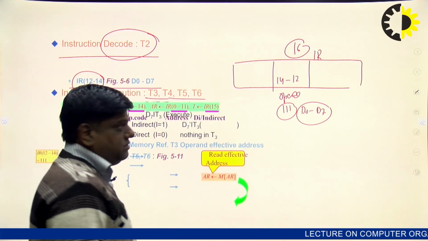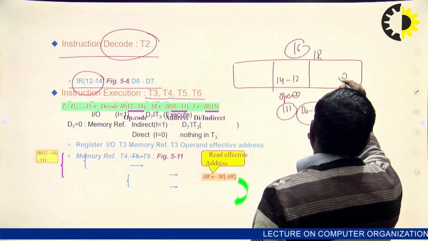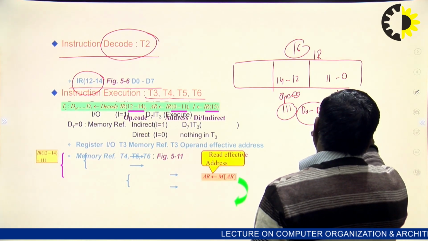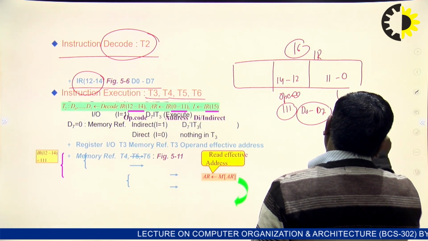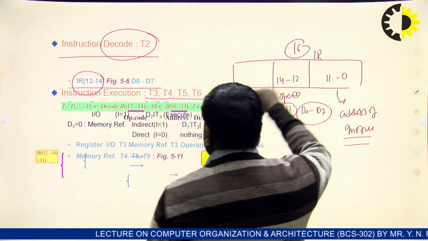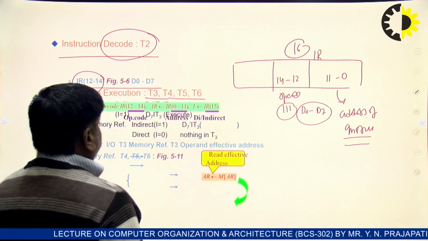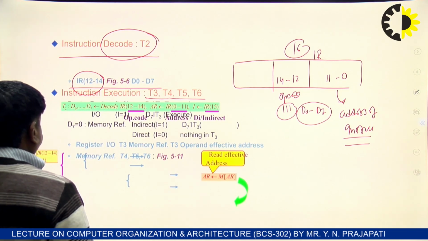Now bits 0 to 11 are known as the address of the instruction, and bits 12 to 14 are known as the opcode of the instruction.